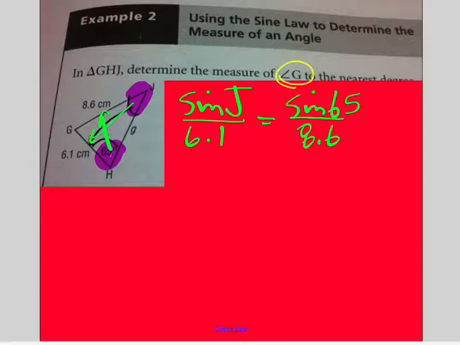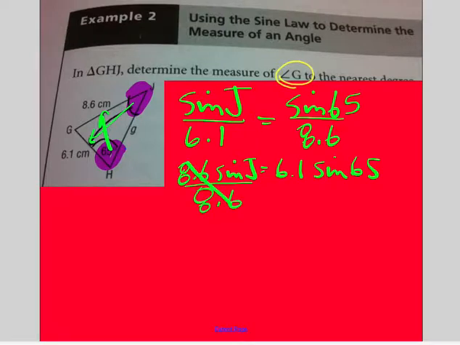Using my cross multiplying, I'm going to get 8.6 times the sine of j equals 6.1 times the sine of 65. Divide both sides by 8.6. And now I'm at a point where, if you remember, I'm going to divide those out.